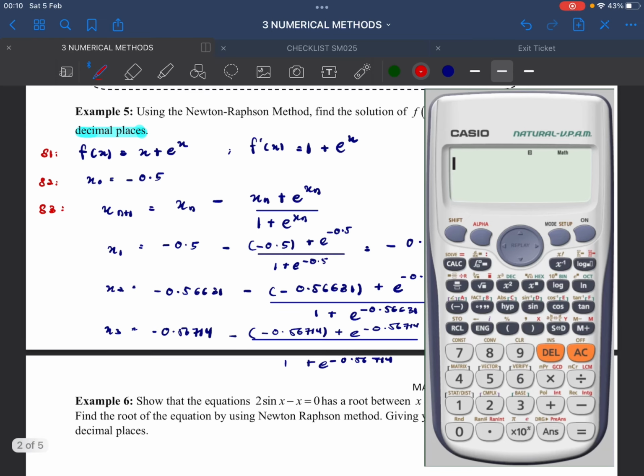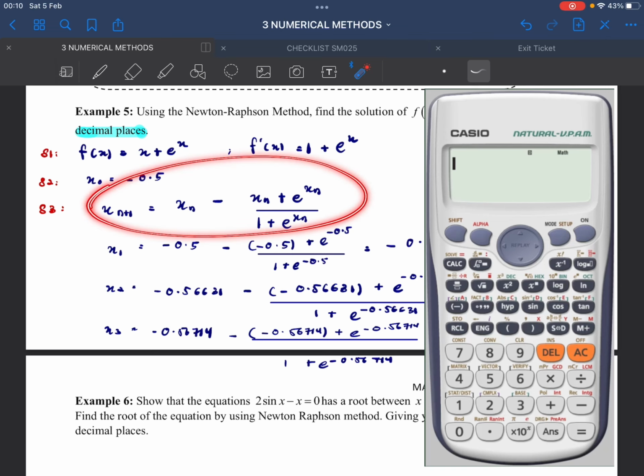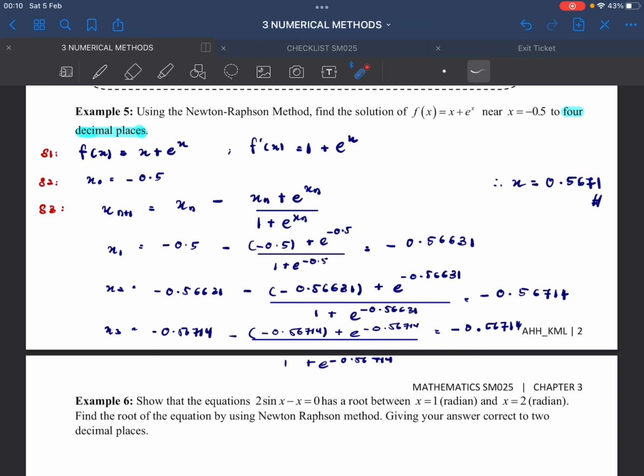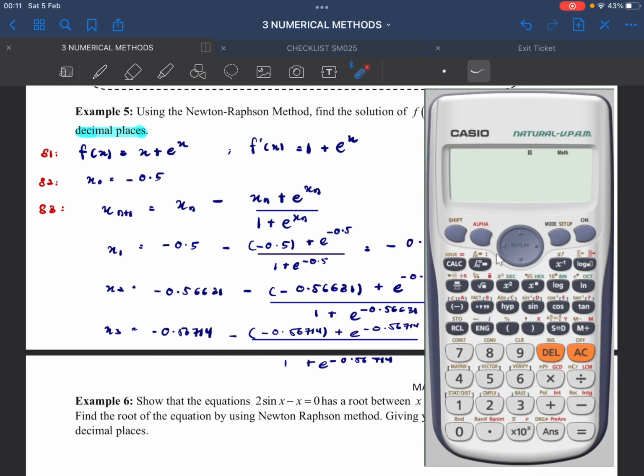Alright, so now we start from here. You have your f(x), your f prime(x), your x naught, and your formula. Now we are going to input this equation into our calculator. First press alpha x, so this is your x, minus a fraction.